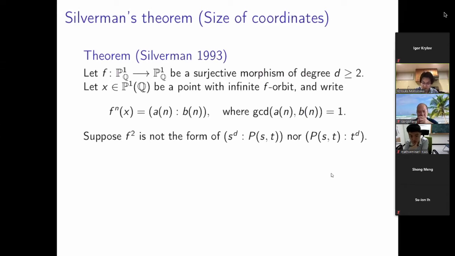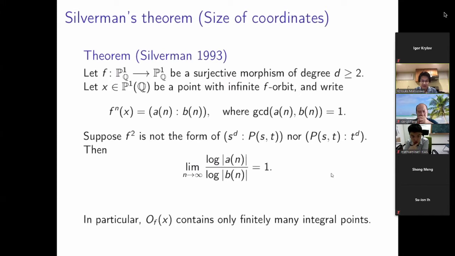P is a homogeneous polynomial, and if f^2 is of this form, we can consider it as an endomorphism of A^1, and it is called a polynomial map. So we assume f^2 is not a polynomial map, and then the conclusion is the same.